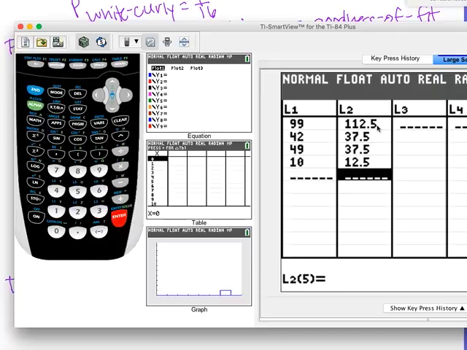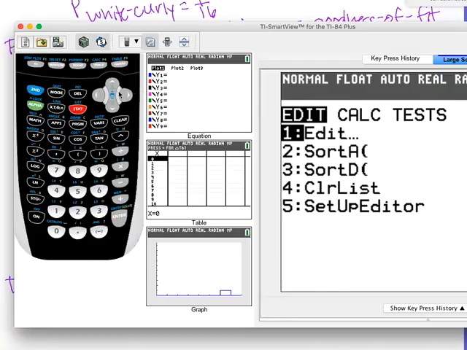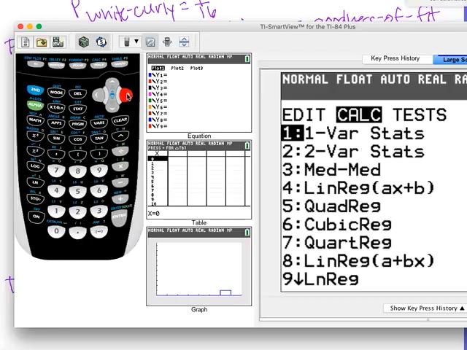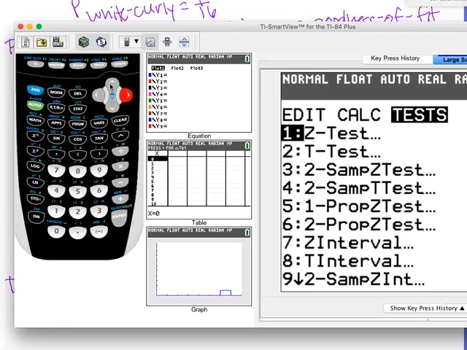We want to make sure too that these line up. So this row should all represent red-eyed and straight-winged. And this row should all represent red-eyed and curly-winged, and so on and so forth. So once we get that, then we can go to STAT. We go to tests, and this time we're going to go to the chi-squared goodness of fit test.